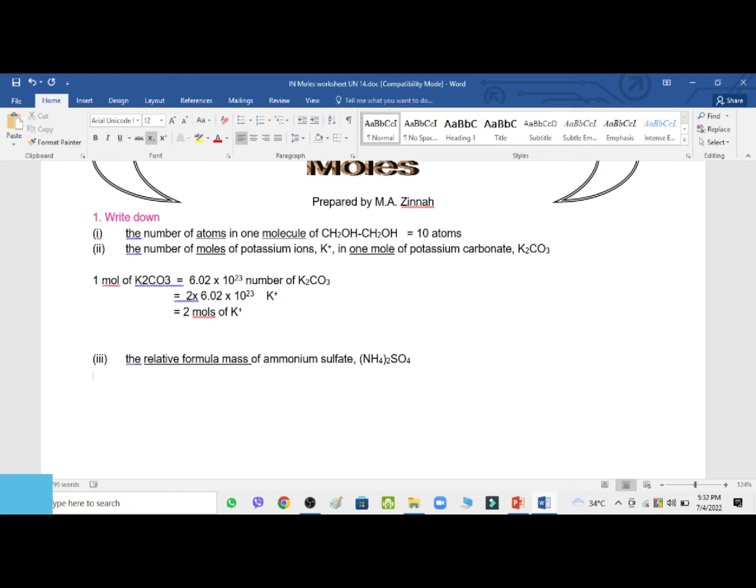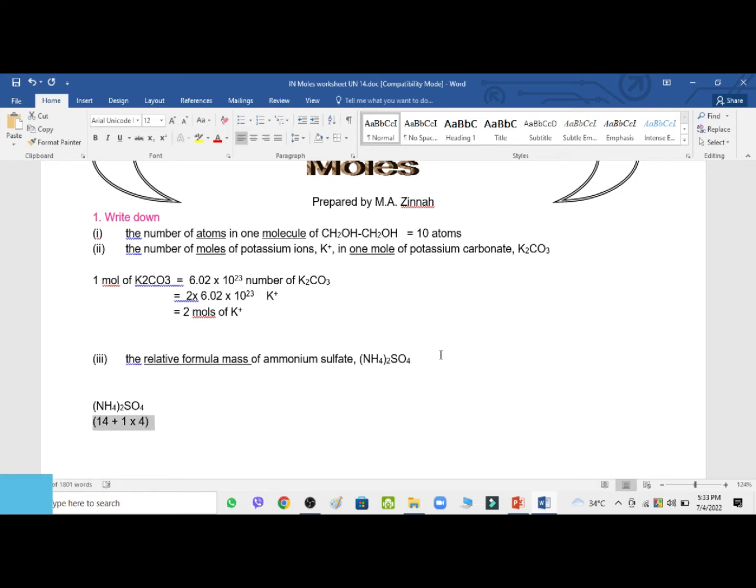This you need the periodic table. Ammonium sulfate has 2 polyatomic ions. I write it here again and put the brackets to avoid mistakes. Here is nitrogen, molar mass 14, and hydrogen is 1. How many hydrogens here? 4, so this is multiplied by 4. This together is ammonium.